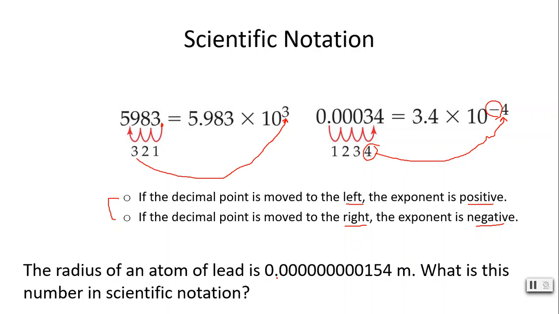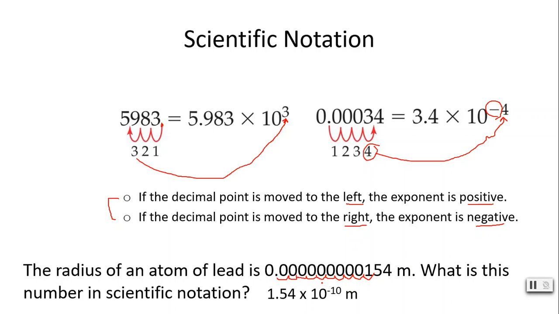That means I need to move this decimal point 1, 2, 3, 4, 5, 6, 7, 8, 9, 10 places. I have moved it 10 places, and I've moved it to the right, so my exponent is going to be negative. So my number in scientific notation is 1.54 times 10 to the negative 10 meters.